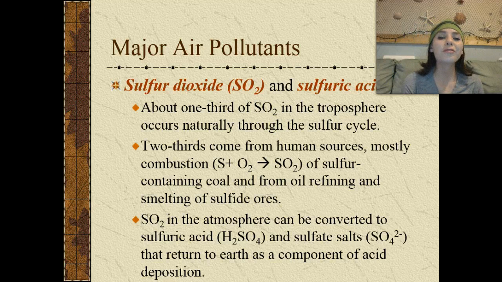However, 2/3 comes from human sources, mostly combustion of sulfur-containing coal and from oil refining and smelting of sulfide ores. Sulfur dioxide in the atmosphere can be converted to sulfuric acid and to sulfate salts that return to the earth as a component of acid deposition.